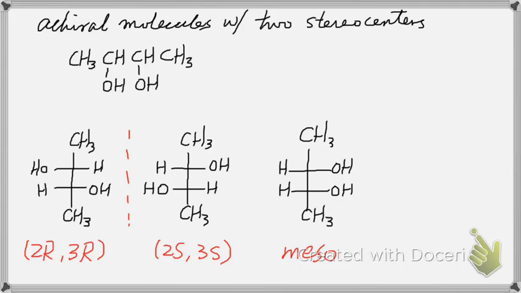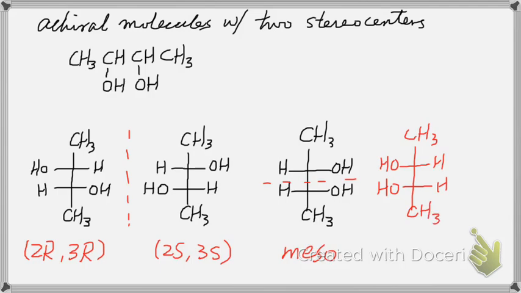And it has a plane of symmetry. The plane of symmetry right here. So the third molecule is the mesoform that we have talked about before. If you want to draw its mirror image, here is what we get.